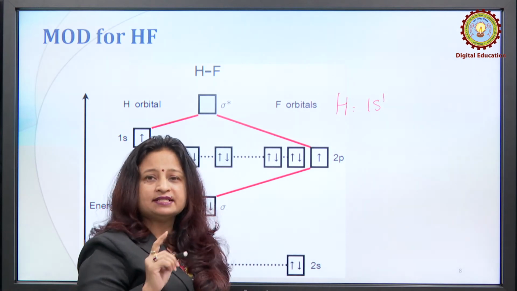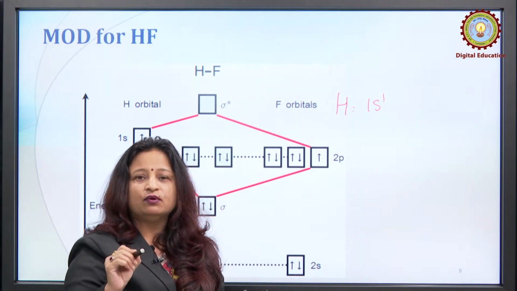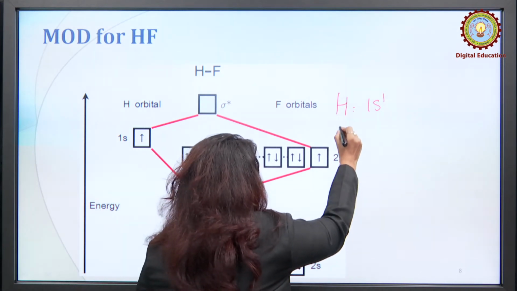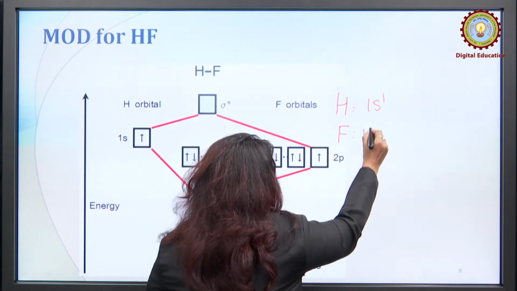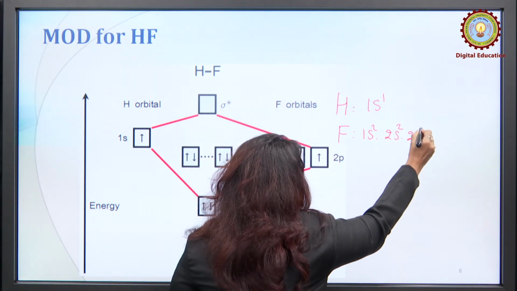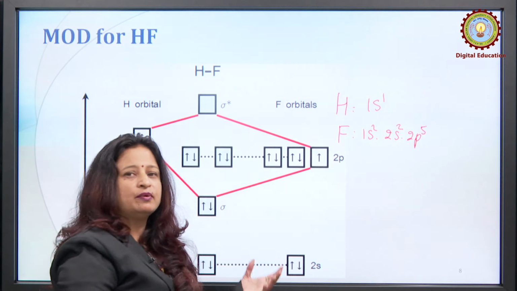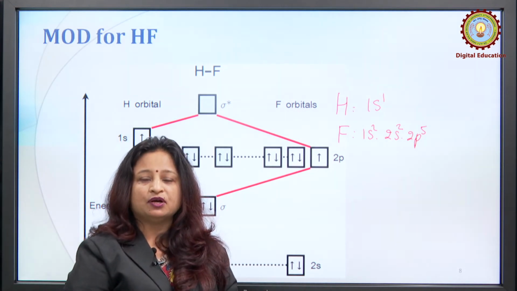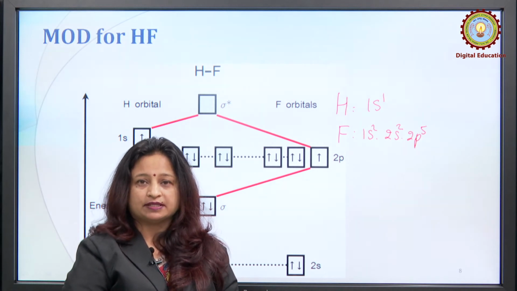There is only one s orbital containing only one electron. While in case of fluorine, its electronic configuration is 1s2, 2s2, 2p5, right. Now the question arises, 1s orbital will overlap with which orbital of fluorine atom?